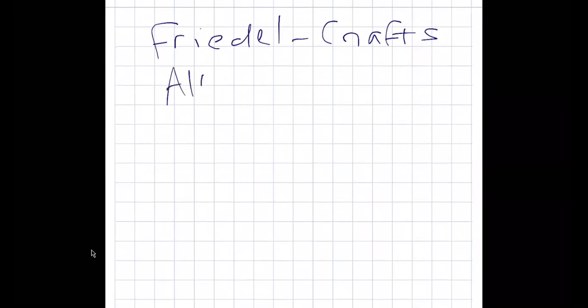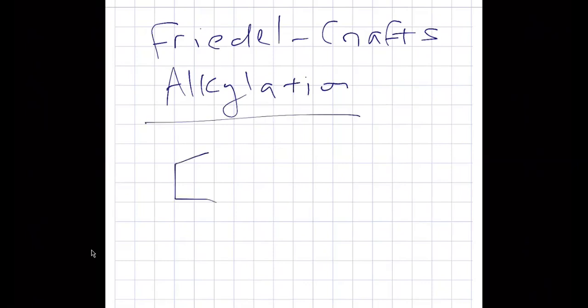So for your, and this is the proper name for it. It's called a Friedel Crafts alkylation. All right. And so that's taking an aromatic ring and an alkyl group, normally an alkyl halide.